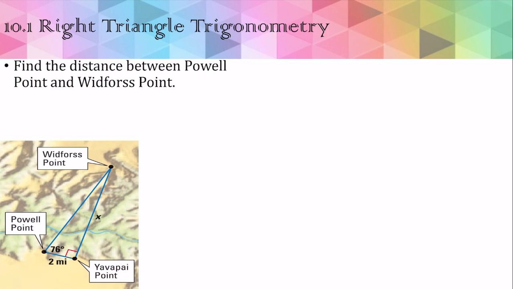Let's try a real-life problem now. So we know the distance between Yavapai point and Pal point, and we want the distance between Pal point and Widforce point. So on the picture it's kind of misleading. It's really this y that we're looking for.